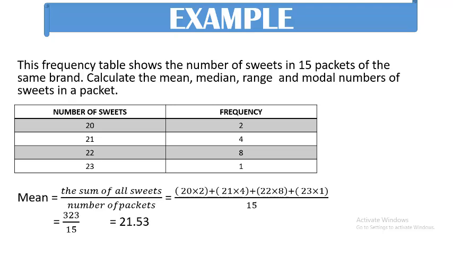We can find the sum of all sweets by multiplying the number of sweets by the number of packets.